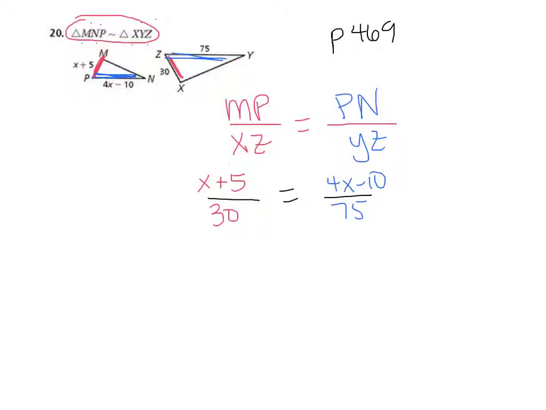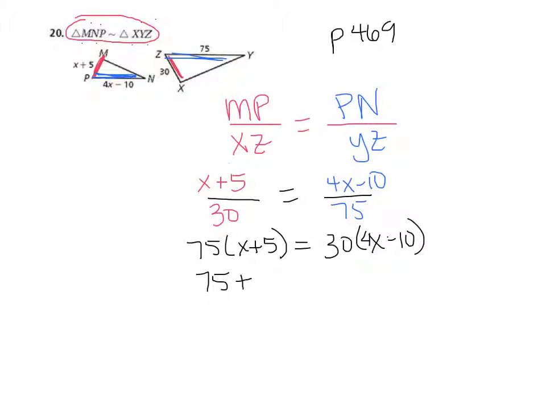So now when I set this up and cross multiply, I'm going to be doing 75 times x plus 5 equals 30 times 4x minus 10. Distributing in, I have 75x plus 375 is equal to 120x minus 300.